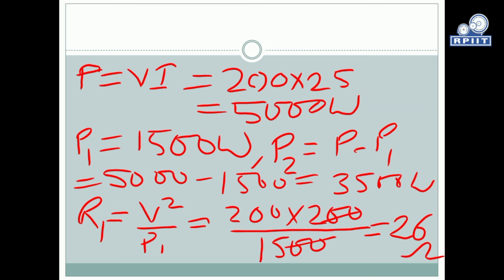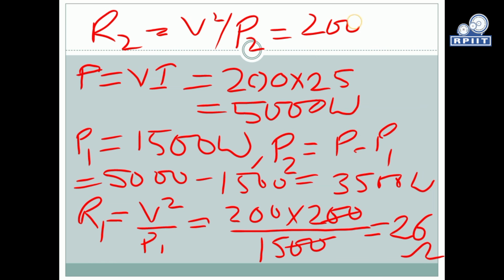Now we will calculate R2. The resistance of the second coil will be R2 equal to V square divided by P2. Here we put the value of V again, 200 square divided by 3500.